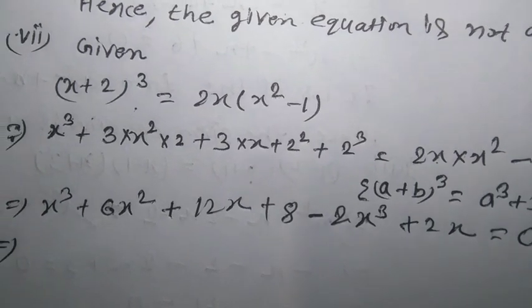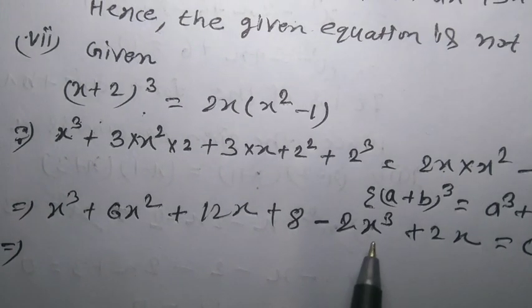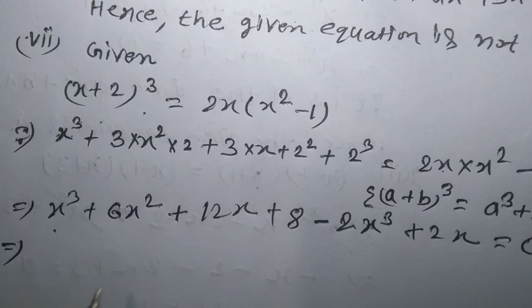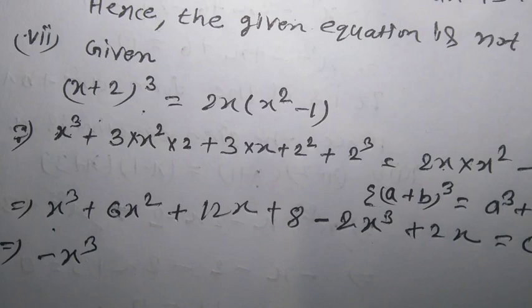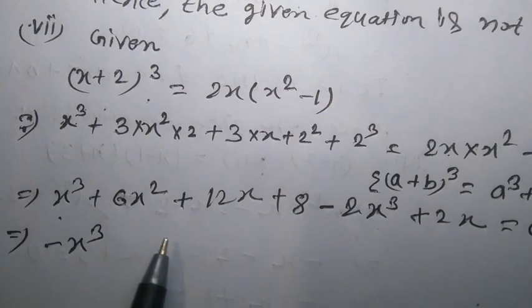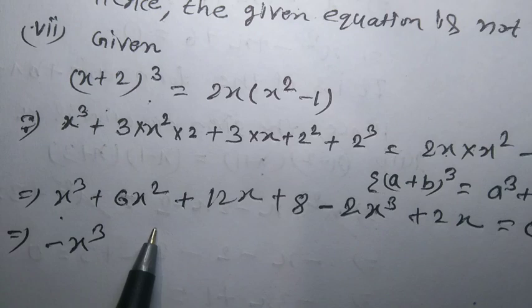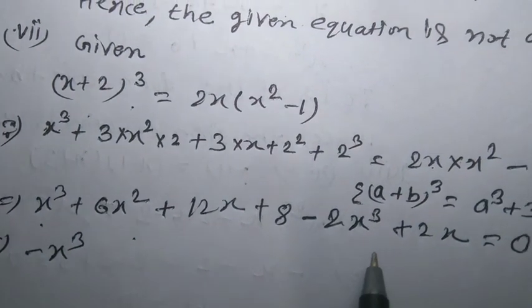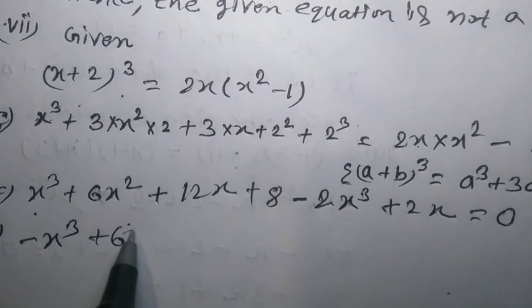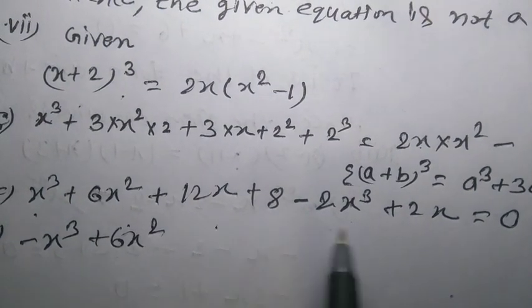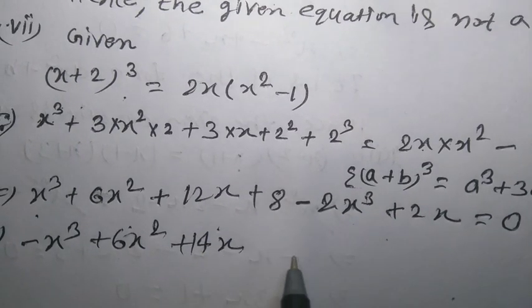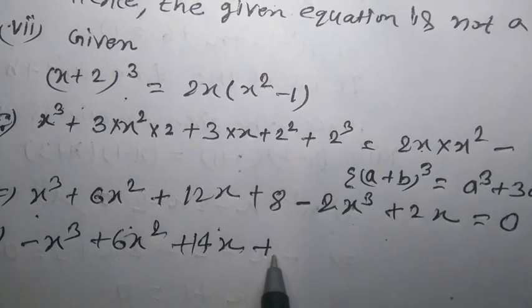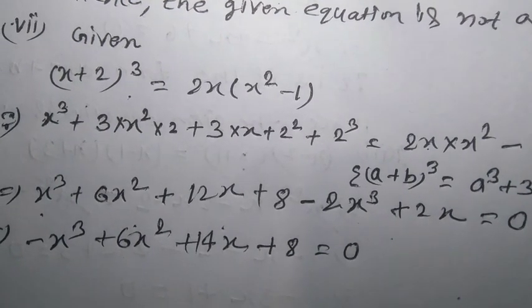Implies minus 2x cube plus x cube is equal to minus x cube. Six x square, there is no x square on the other side, so you write here 6x square. 12x plus 2x is equal to 14x, plus 8 is equal to 0.